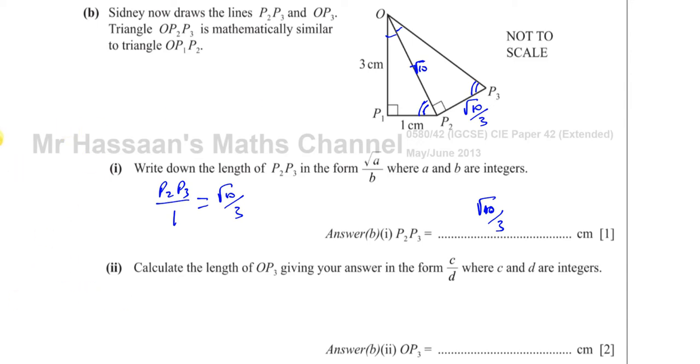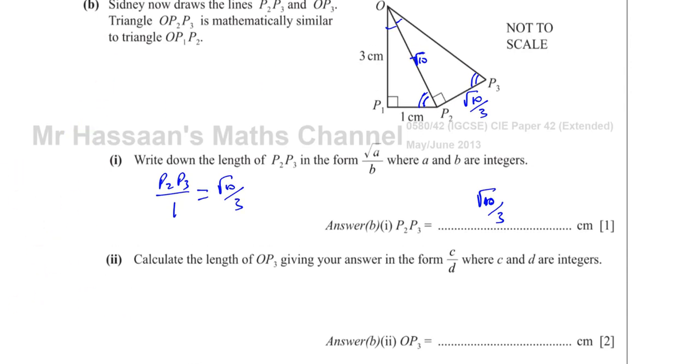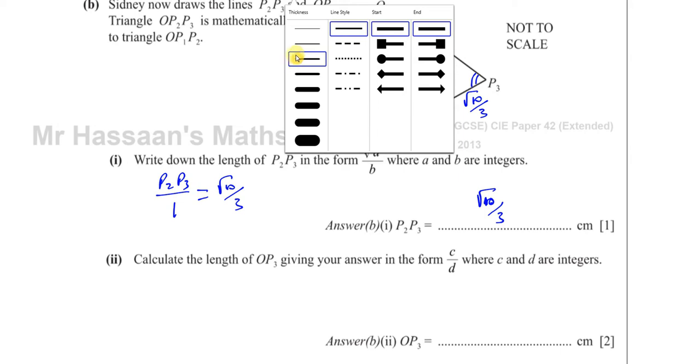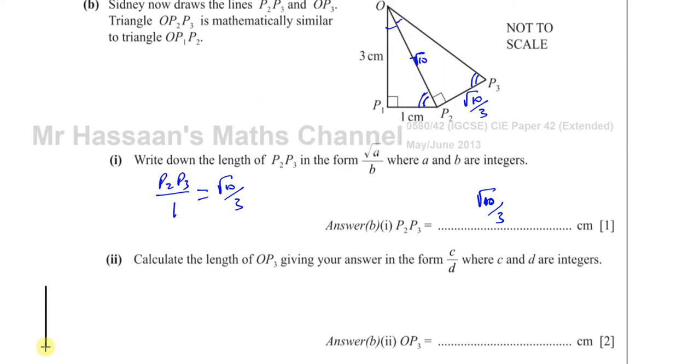Let me just draw them next to each other. Okay, so I'll draw a triangle. Let me make it a bit thinner, just to illustrate how I'm thinking. I'm going to draw a right angle triangle. So here we have O, P1 and P2, with a right angle.